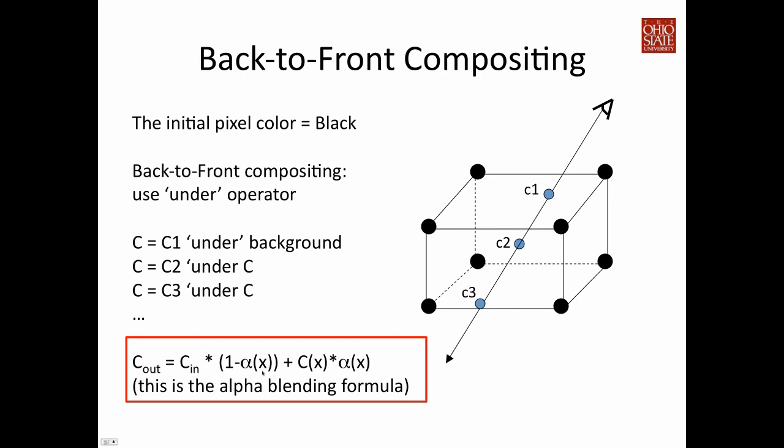So I'm going to multiply it by 1 minus alpha of this current point, plus the color from the current point multiplied by its own opacity. And the result gives C out. So this is the new color I obtained after considering one point further down the ray. Sometimes people call this alpha blending because we are blending a sequence of semi-transparent points.